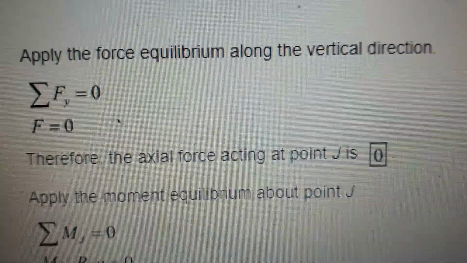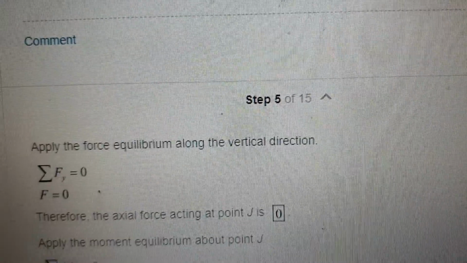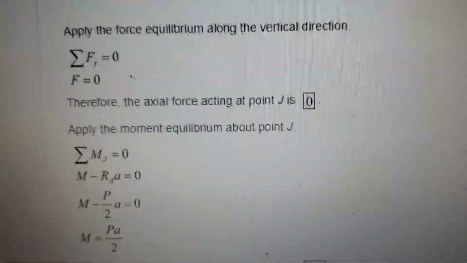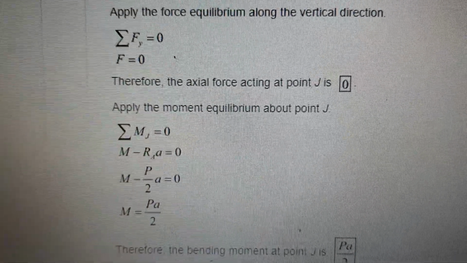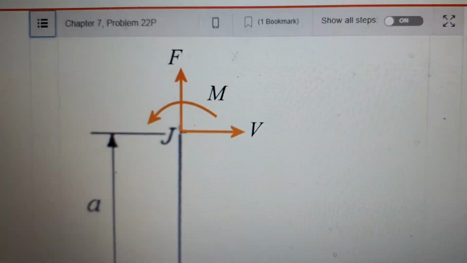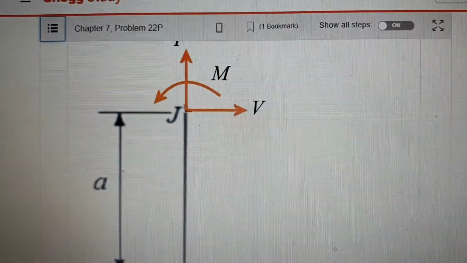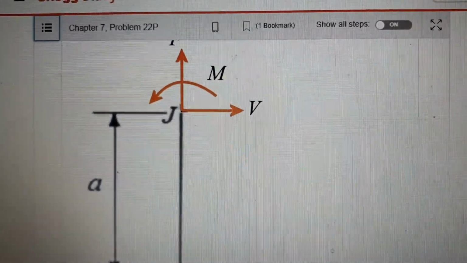Summation of forces at X equal to 0, because RA and V are of course opposite in direction.